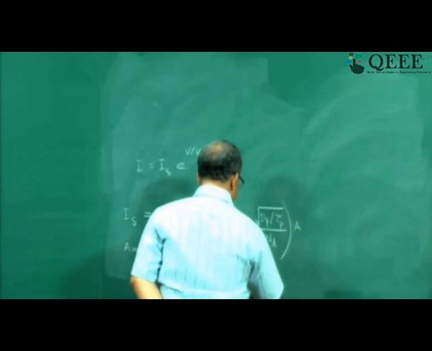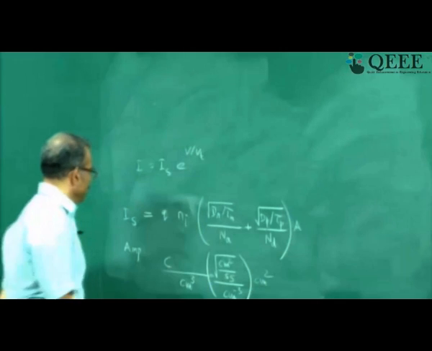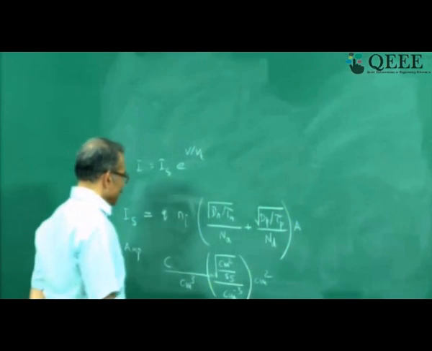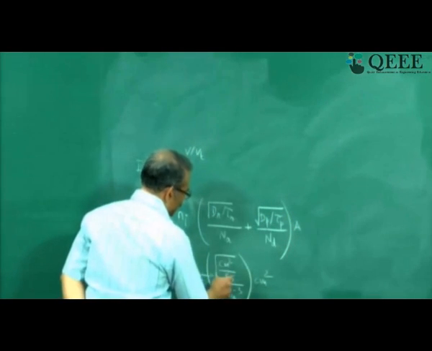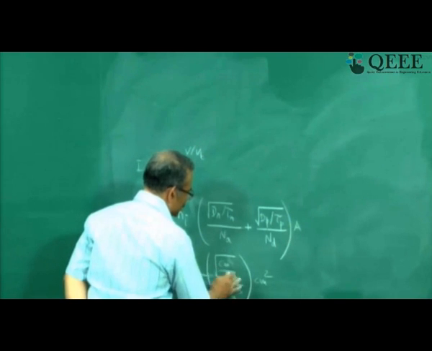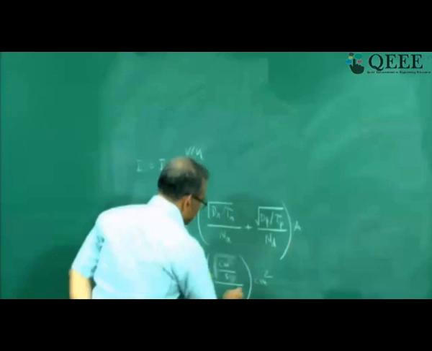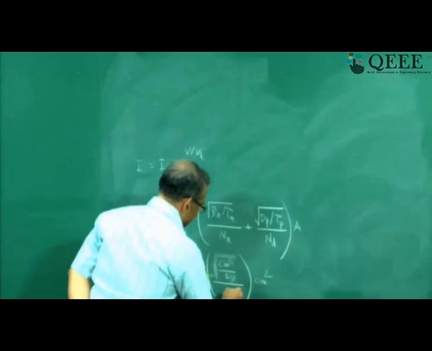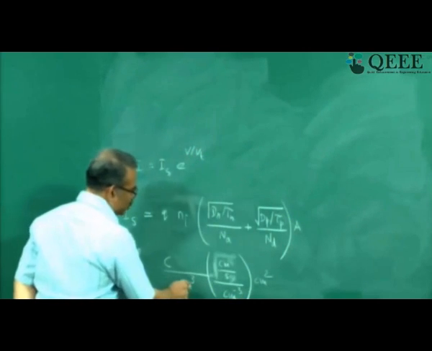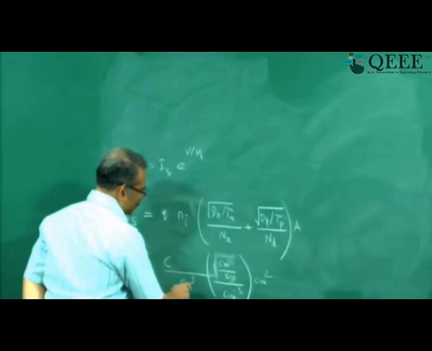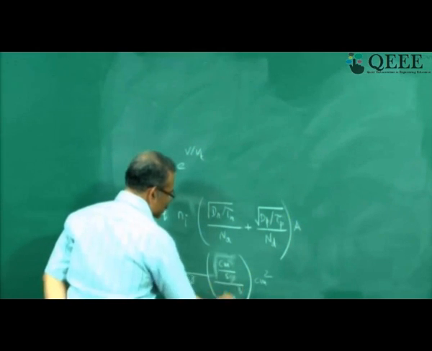So A is centimeter square. Now centimeter square by second square, square root, so the square term will vanish and this is what it will be. Centimeter to the power minus 3 and there is centimeter to the power 3 here, both in denominator, so I can cancel these two.